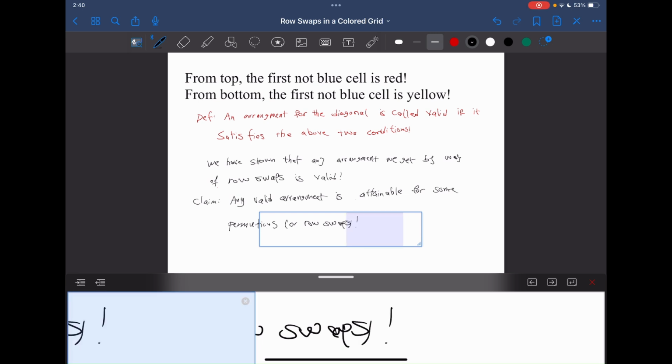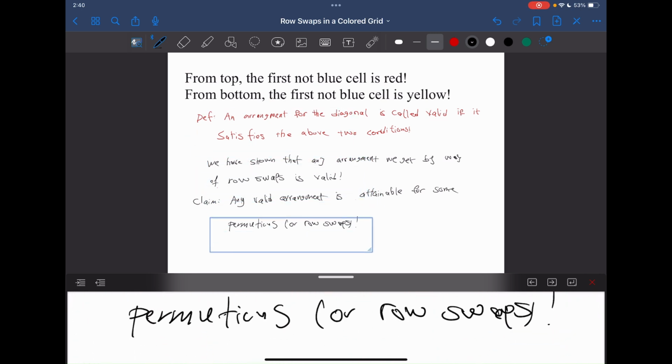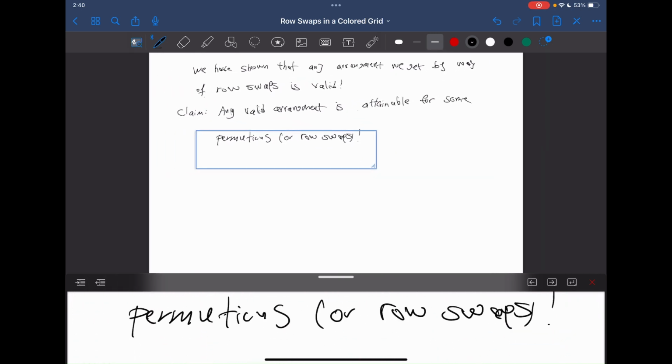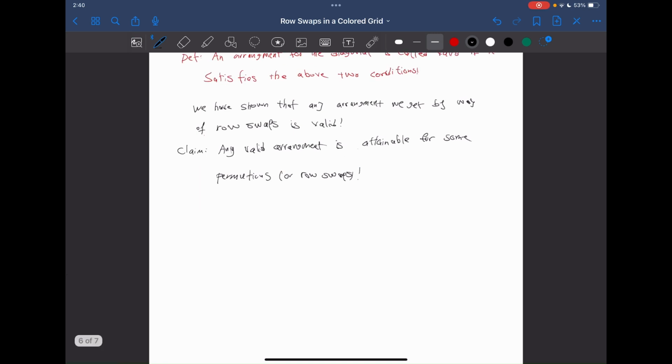If I prove the claim, then I just need to count the number of valid arrangements for values between 1 to n.